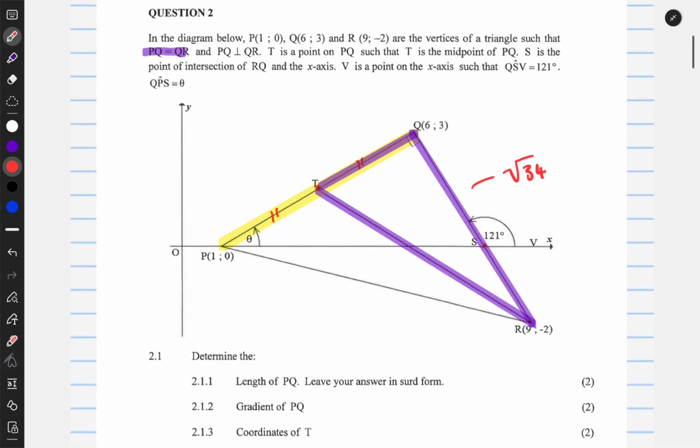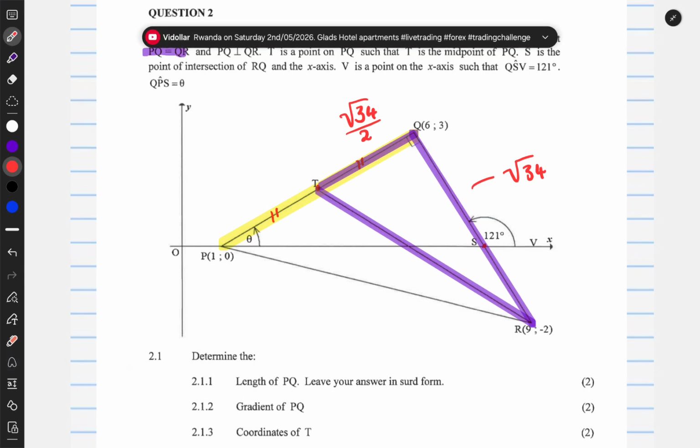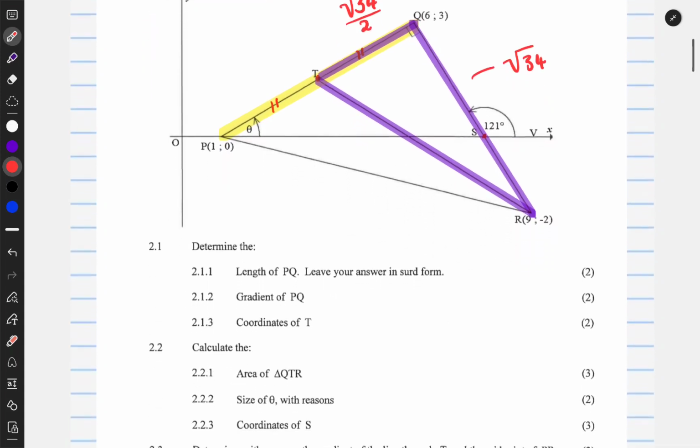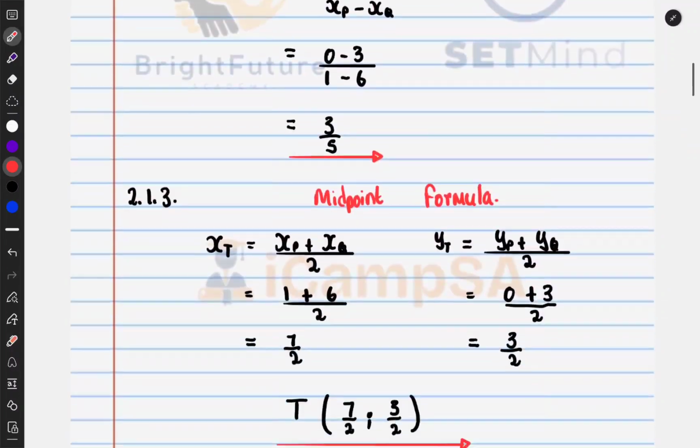And then we know that QT is half of PQ. Therefore, QT is going to be square root of 34 over 2, because the distance from Q to T is half that of PQ, and PQ is square root of 34. So we have both of those lengths, and then we can calculate the area of QTR.